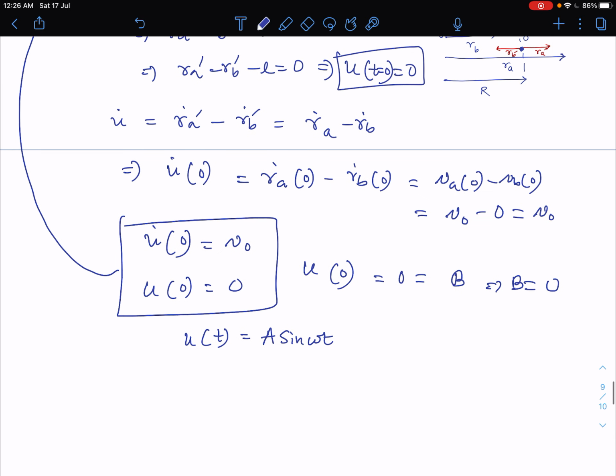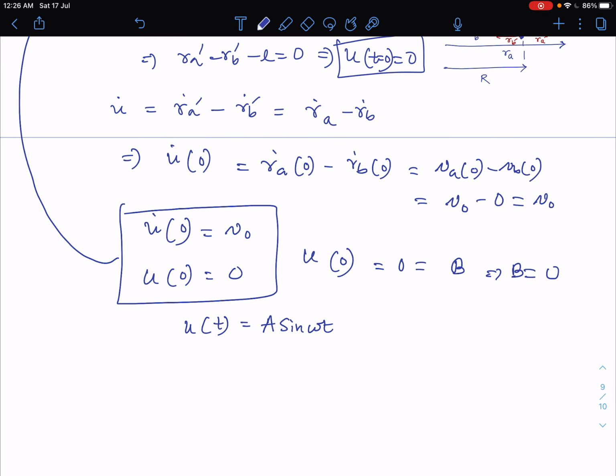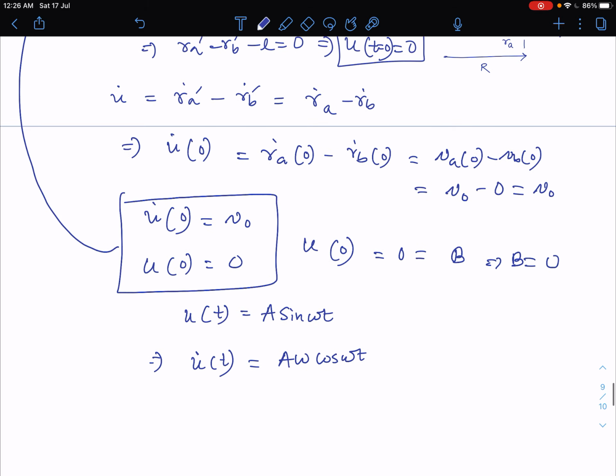Now u dot of t is a omega cos omega t, right? And u dot at 0 is just a omega, since cos omega t is 1, and this is just V0. So a is V0 by omega.